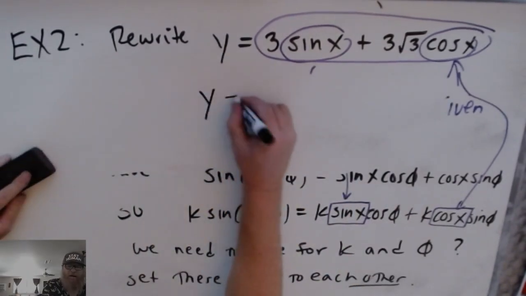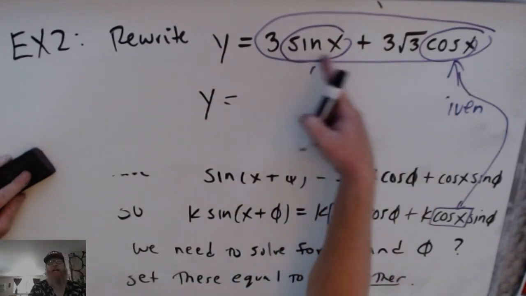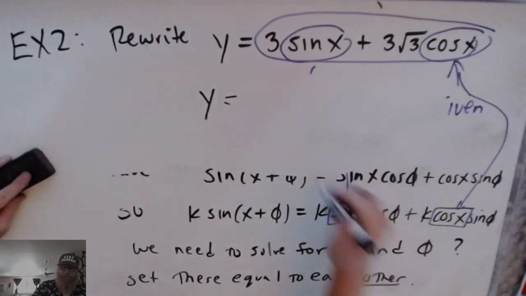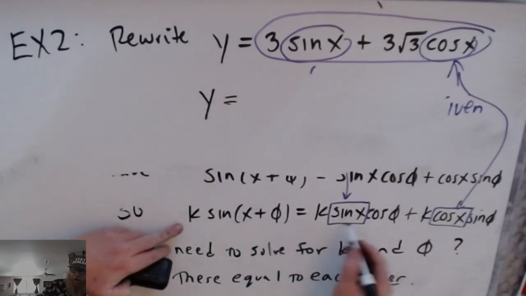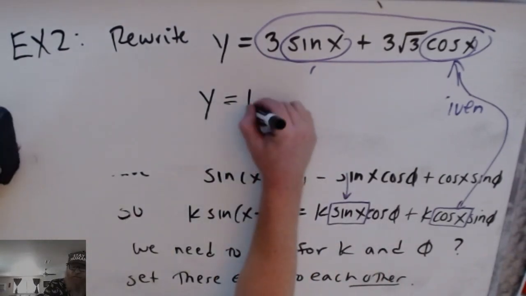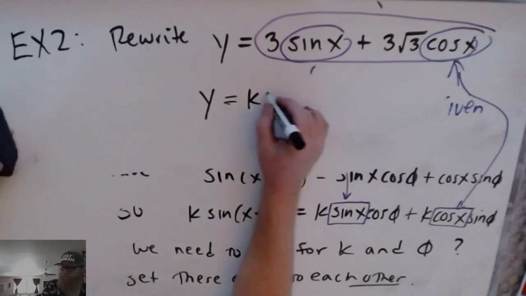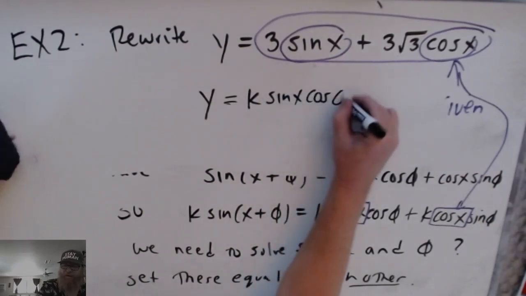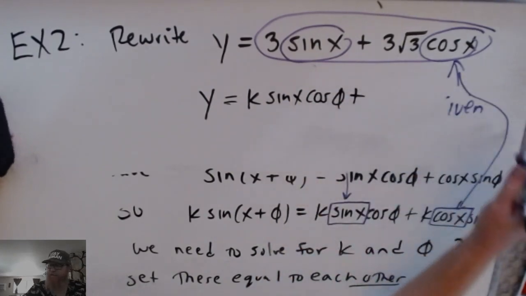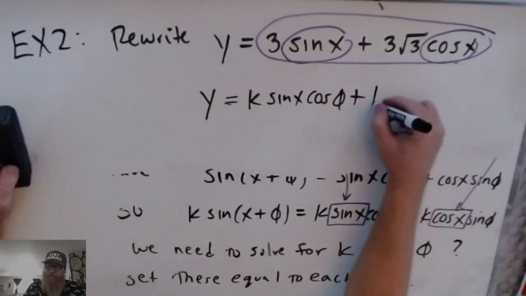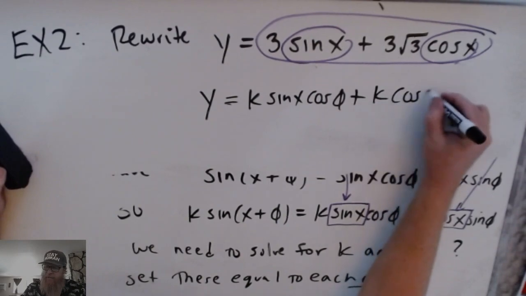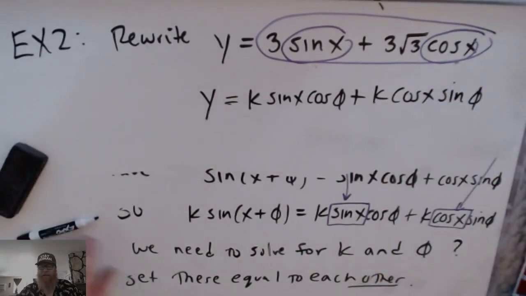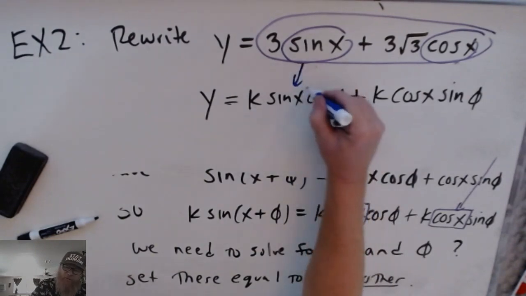So I've got y equals this, 3 sine x plus 3 root 3 cosine x. And then I've got this one here, y equals, all of this is y: y equals k sine x cosine phi plus k cosine x sine phi, and I'm going to set these equal to each other.